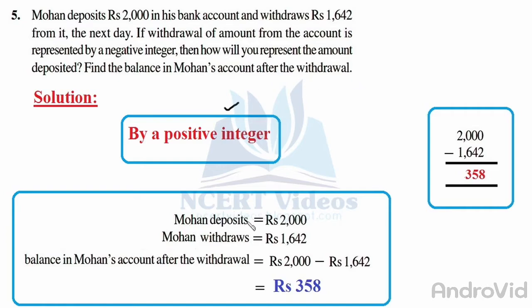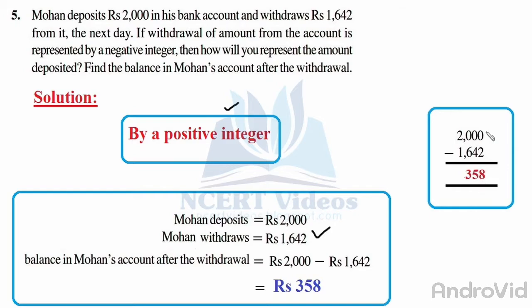So Mohan deposited 2000 and he takes out 1642. We have to subtract 1642 from 2000. When you subtract it, it is very easy. You can see here 10 minus 2 is 8, 9 minus 4 is 5. The carry was given towards the right hand side.